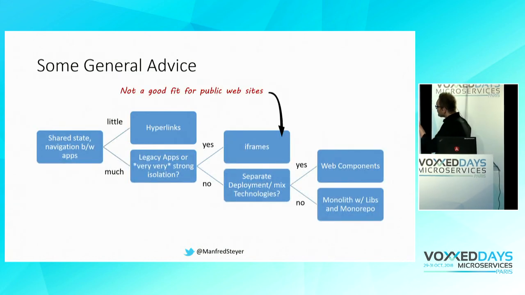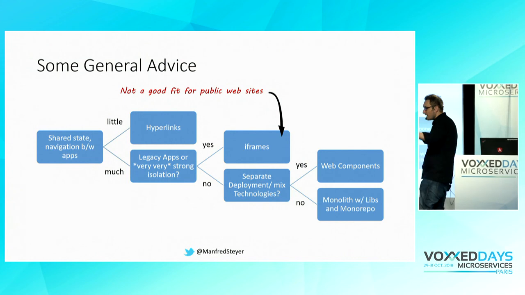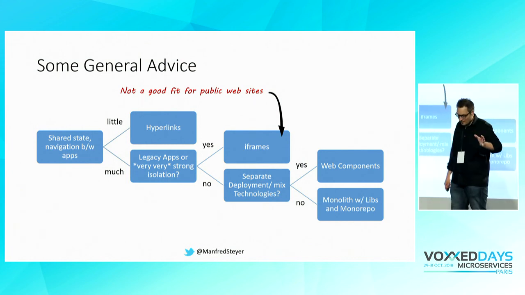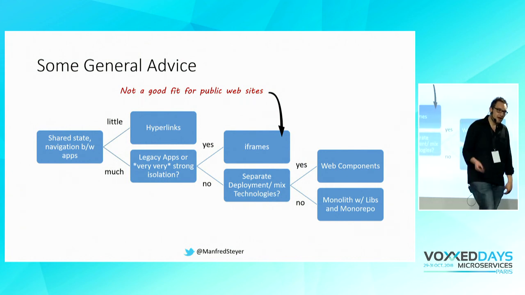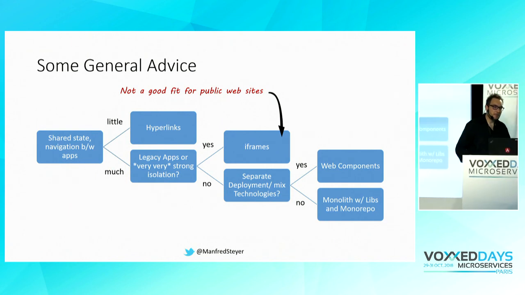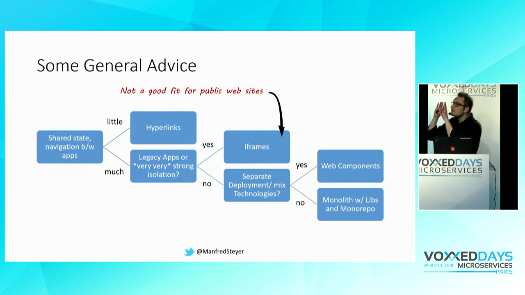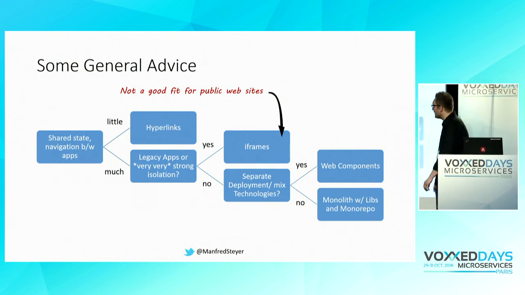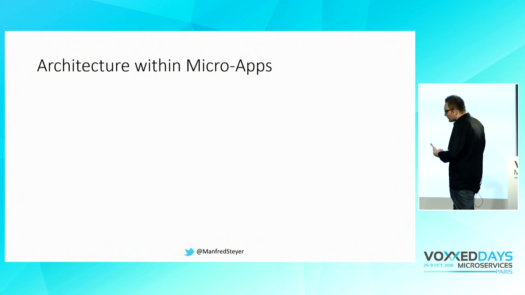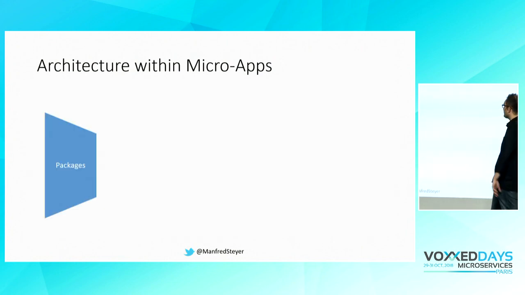So this decision tree is about the overall architecture of your application. But in turn, you also need to find some technologies for the micro-architecture of your micro apps, for the architecture within each and every micro app. And for this, you still have several choices. You can go with packages.